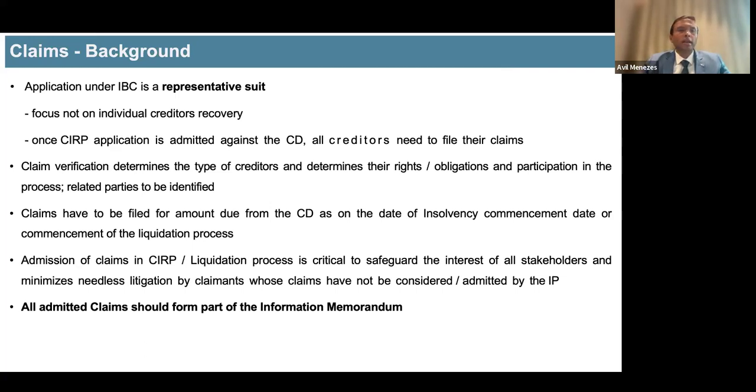If you're admitting claims, it is always better to update the information memorandum. Another way of looking at it is preparing a data room for all prospective resolution applicants to conduct their due diligence. So even at that point of time, even uploading it as a part of the data room would suffice.